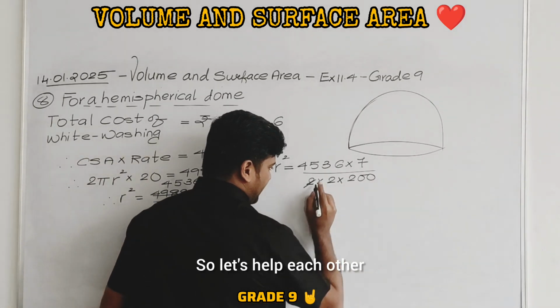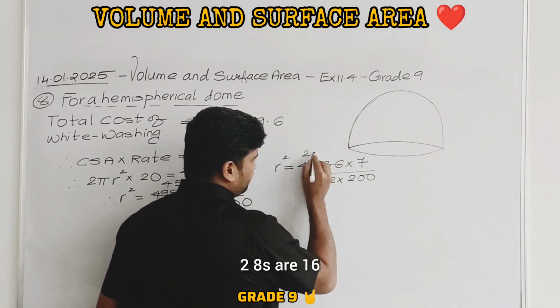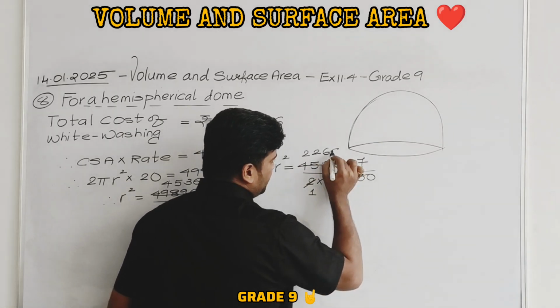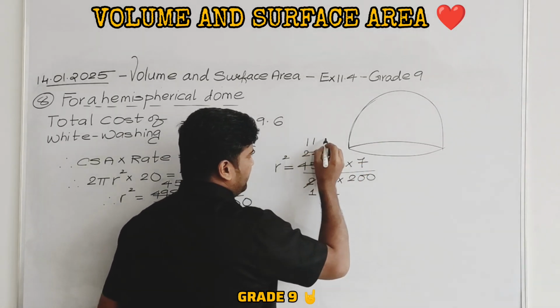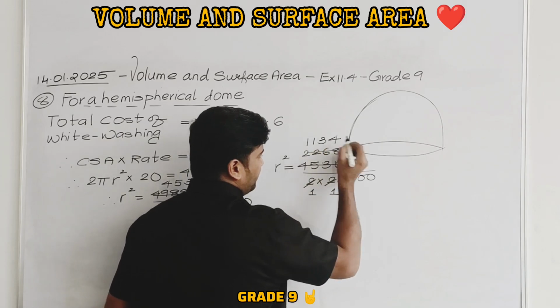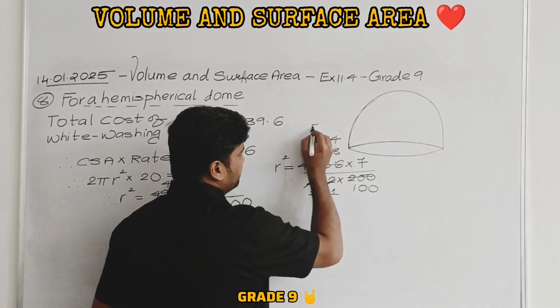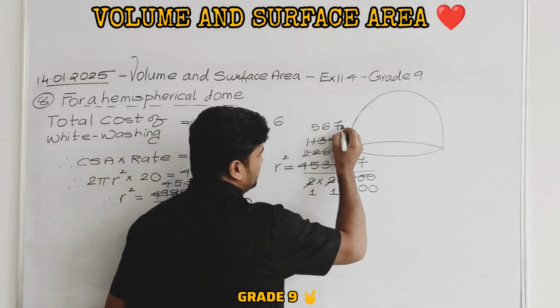So let's help each other. 2 1s are 2. 2 2s are 4. 2 6s are 12. 2 8s are 16. Again 2 11s are 22. Correct? Yes. Again, 2 100s are 200, 2 5s are 10, 1 carry, 2 6s are 12 and 2 7s are 14.